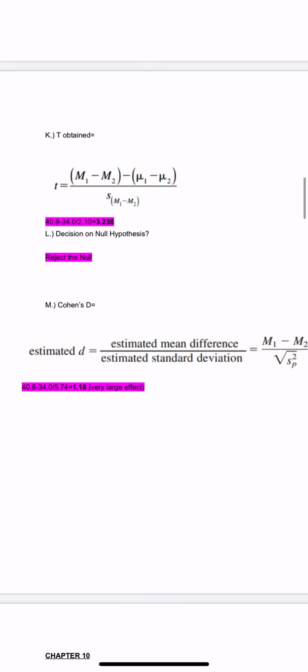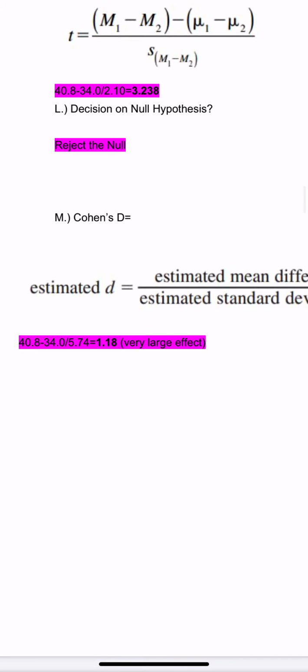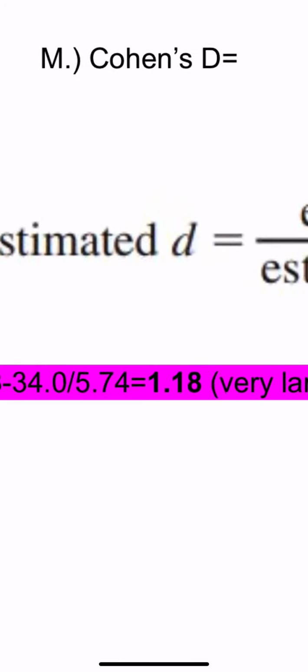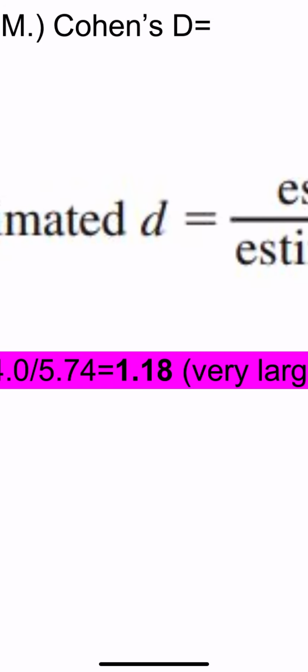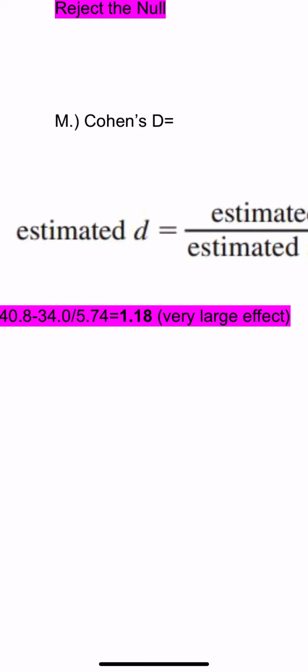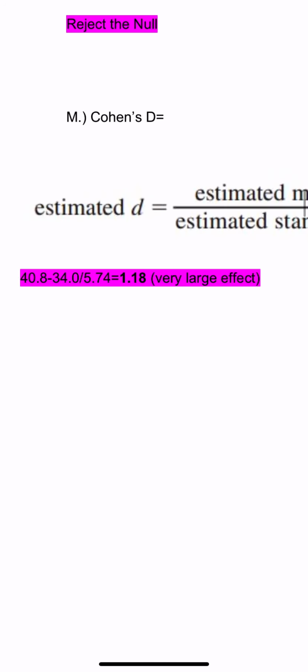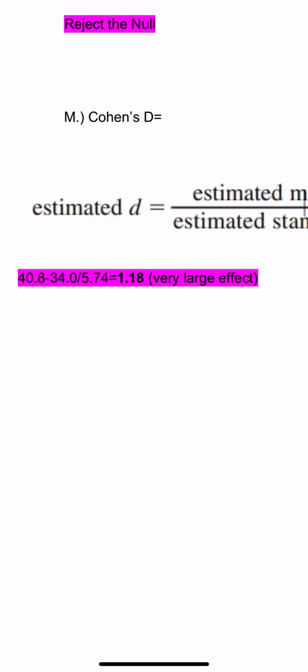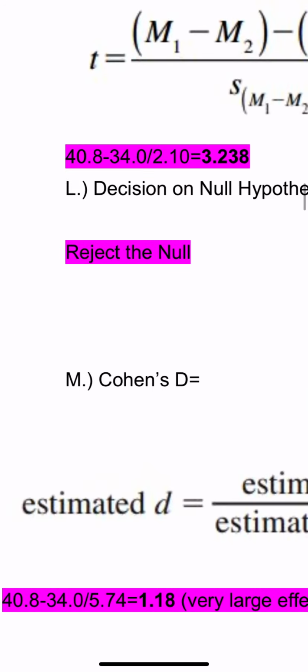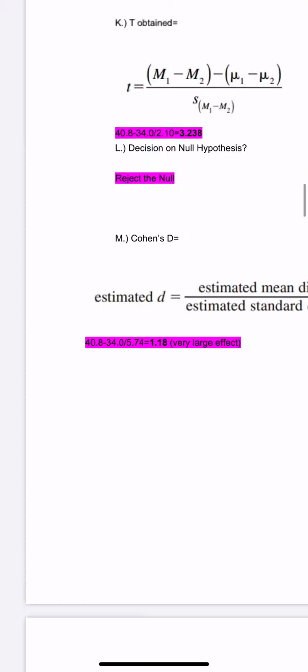Now, Cohen's d, this number represents the difference in standard deviation. Could be a test question. So Cohen's d measures the distance in standard deviation of the two sample means. All right, so 1.18, that's a very large distance. All right, so there is a very large effect as well as a significant result in this study.